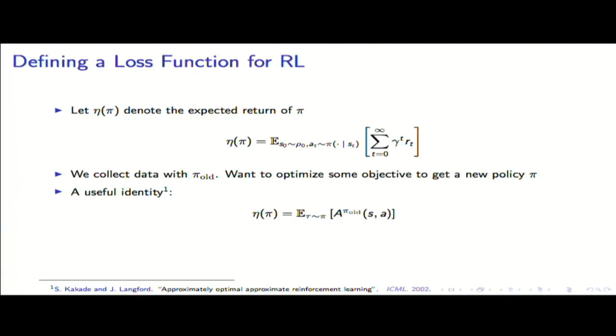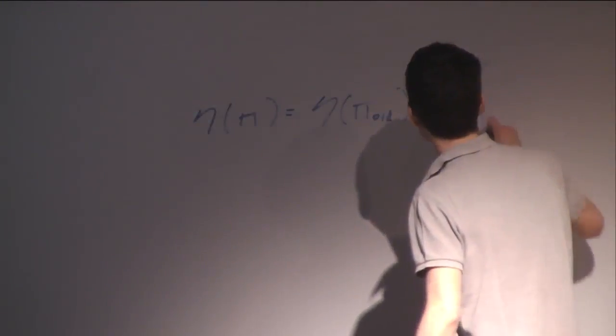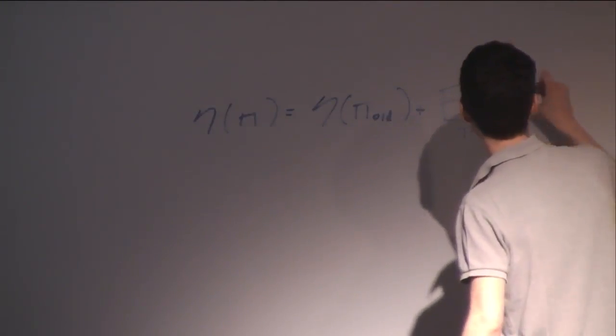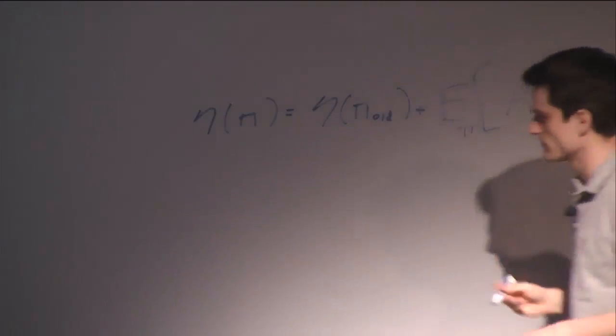The eta of pi is going to be correct on the next slide, so I'll move on to the next slide. So our identity is eta of pi equals eta of pi old plus the expectation under pi of the advantage function of pi old of the states and actions we reach.